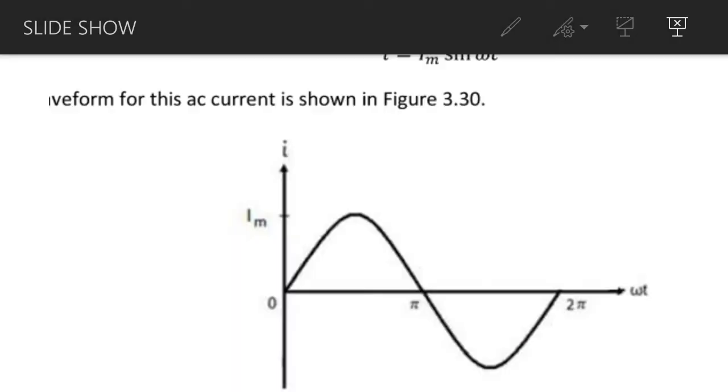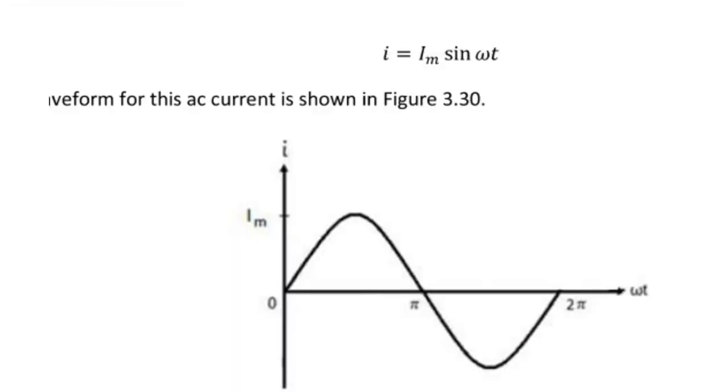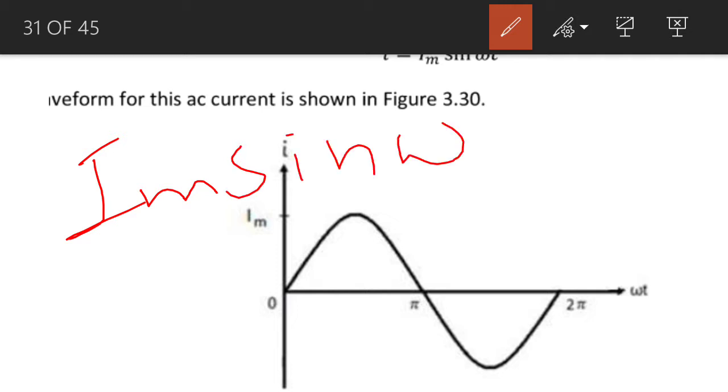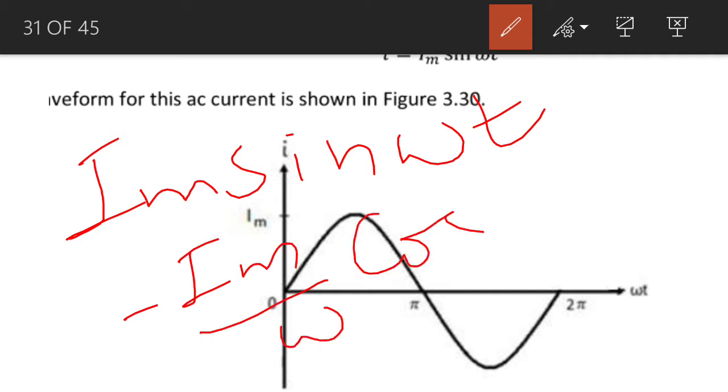We have Im sine of omega t. So if we integrate this current with respect to time, this integration will give you minus Im by omega into cos of omega t.